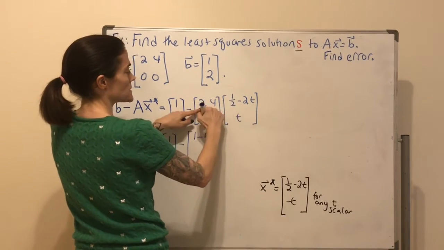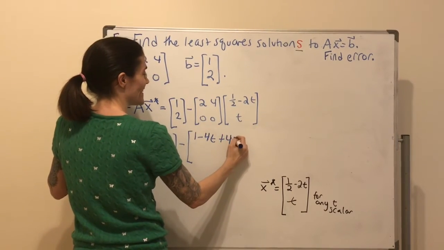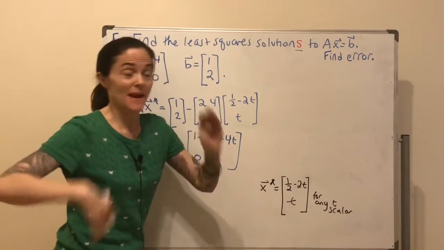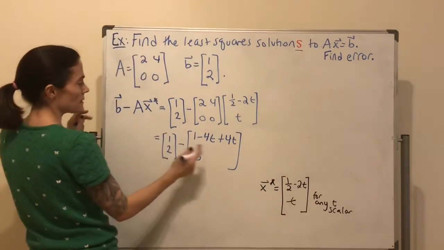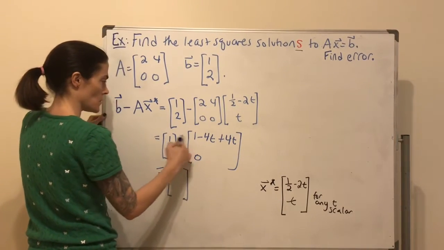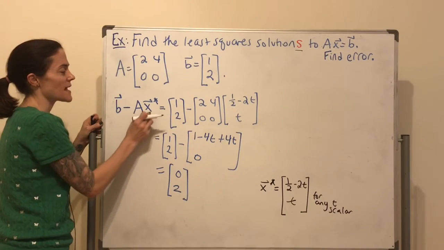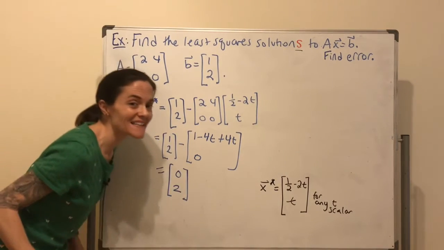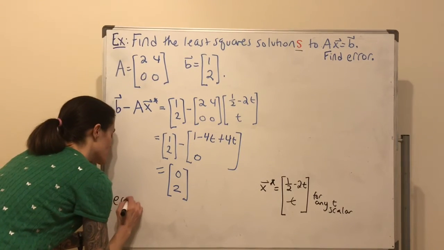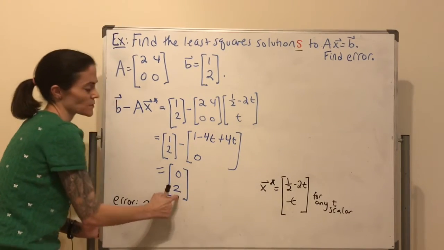That's this times this, and then I get plus 4t. And then this row times that is just 0. You see, 4t minus 4t, 0. So this is 1 minus 1, it's 0, 2. So we have b minus Ax star is just (0, 2), no matter what t is. And so this error, if we want to finish it here, is just 2. It's the length of this vector here.